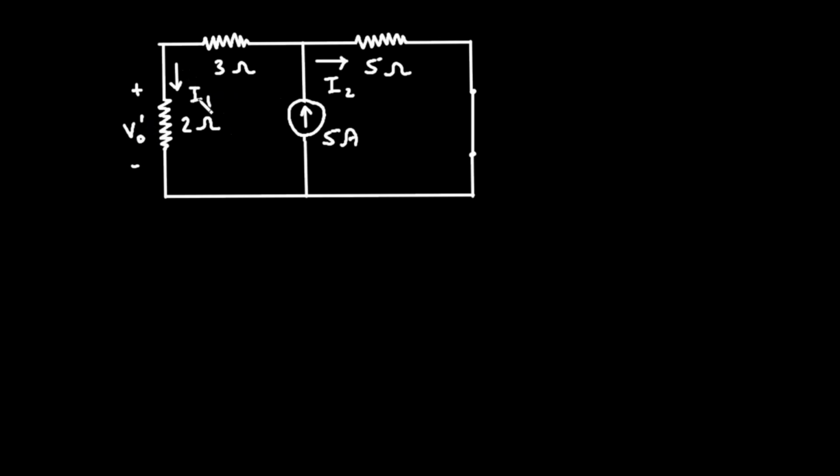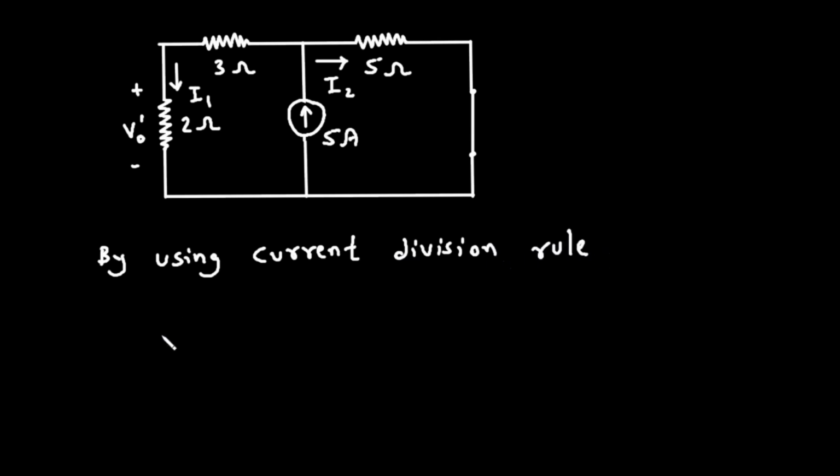Now let's apply the current division rule to find the value of I1. So here we can write, by using the current division rule, I1 is equal to this current 5 ampere multiplied by the opposite branch resistance.